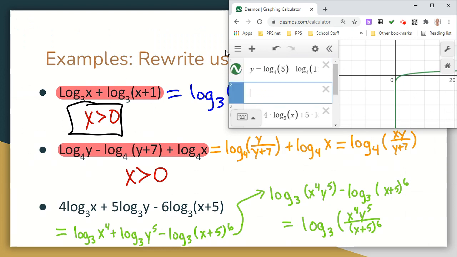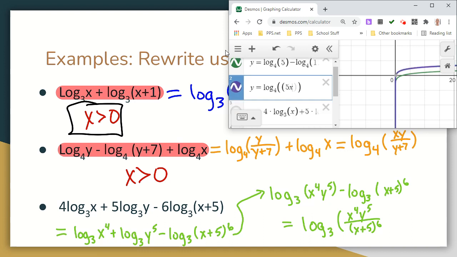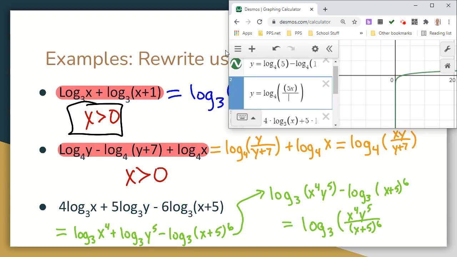Now, y is going to equal log base 4 of x times y. Well, y is 5, so that's 5x divided by 5 plus 7 is 12.